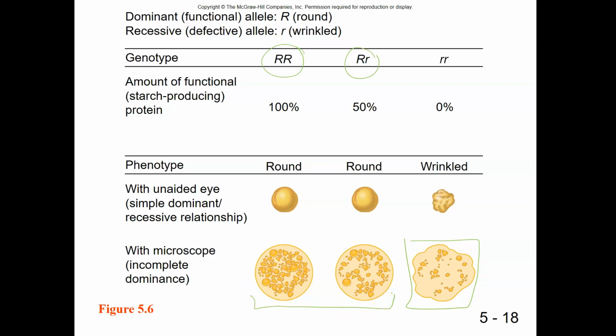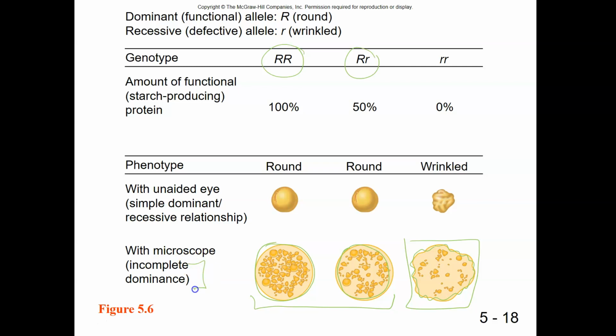Inside of a seed, starch granules not only store energy for the emerging plant, but also hold water in the seed. When there's more water in the seed, it looks more round, just like the homozygous dominant and the heterozygote. The homozygous recessive has so little starch deposited inside of the seed that it also buffers less water, which means the seed appears wrinkled. So in this particular case, you don't see a dominant recessive relationship.